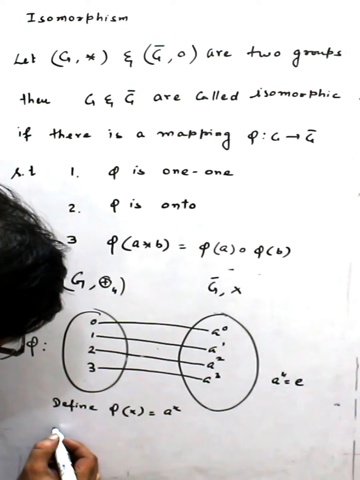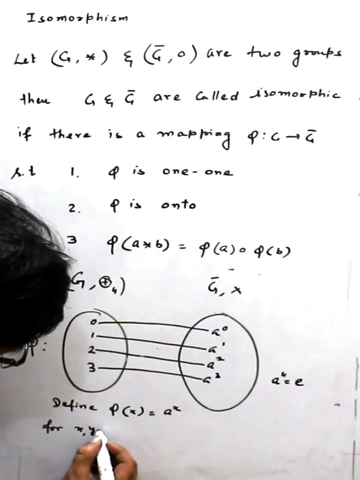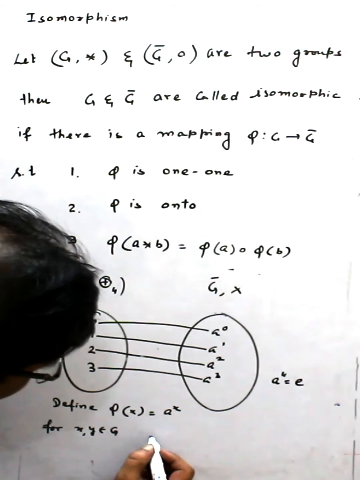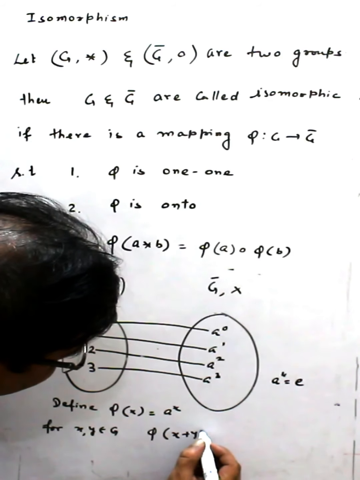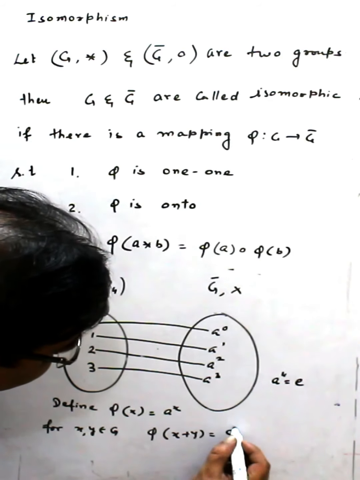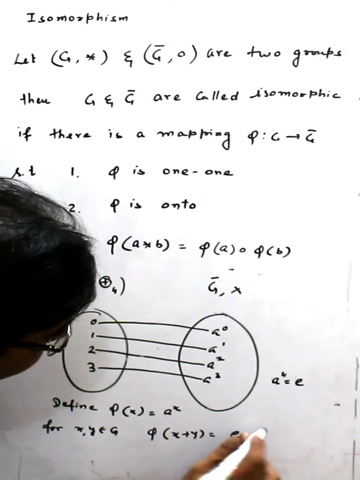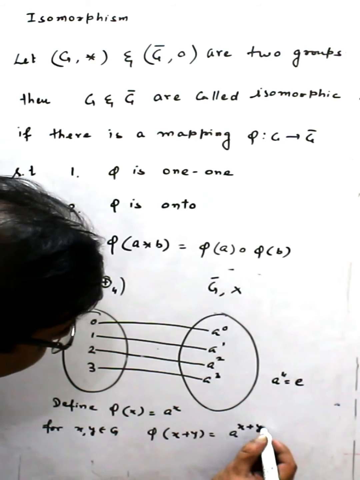For x, y belong to G, phi(x + y) is equal to a^(x+y).